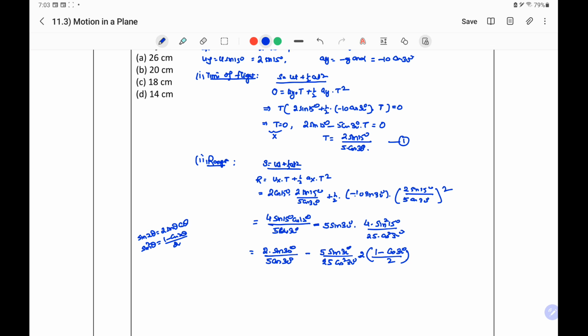Now we have the formula that sine 30 degree is equal to 1 by 2 and cos 30 degree is equal to root 3 by 2, and substituting and on solving we will find that the answer is approximately 20 centimeter. Hence option B is the correct option.